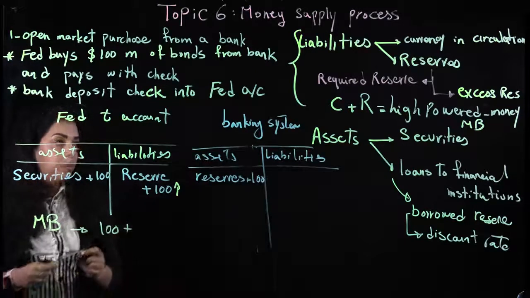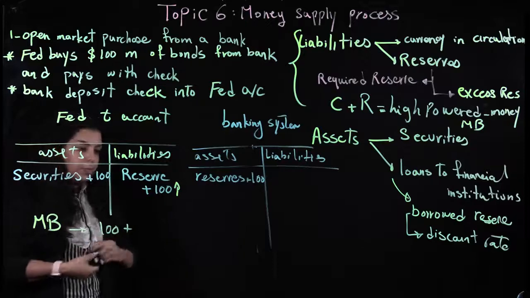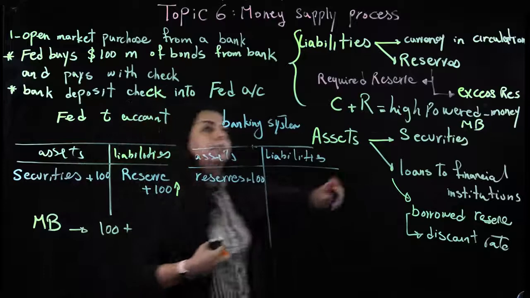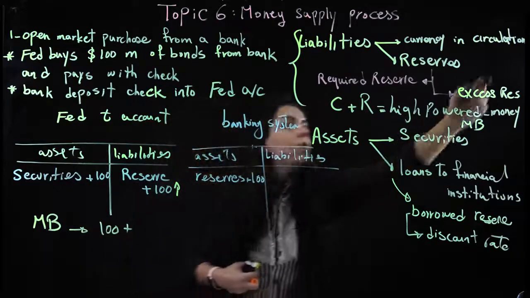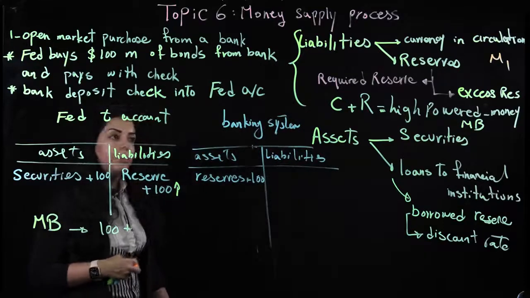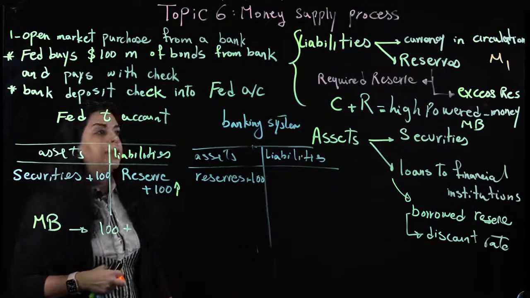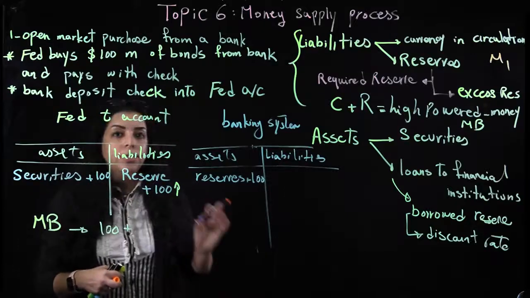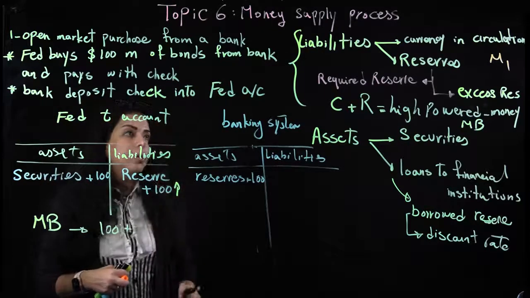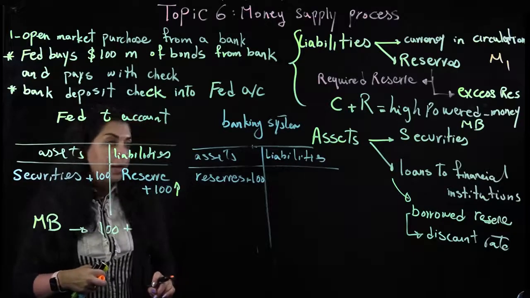One more point before we proceed is that the liability side of the central bank here is called M1. You remember that previously we have discussed M1. M1, in the language of the T accounts of the central bank, is the liability side of the Federal Reserve account.